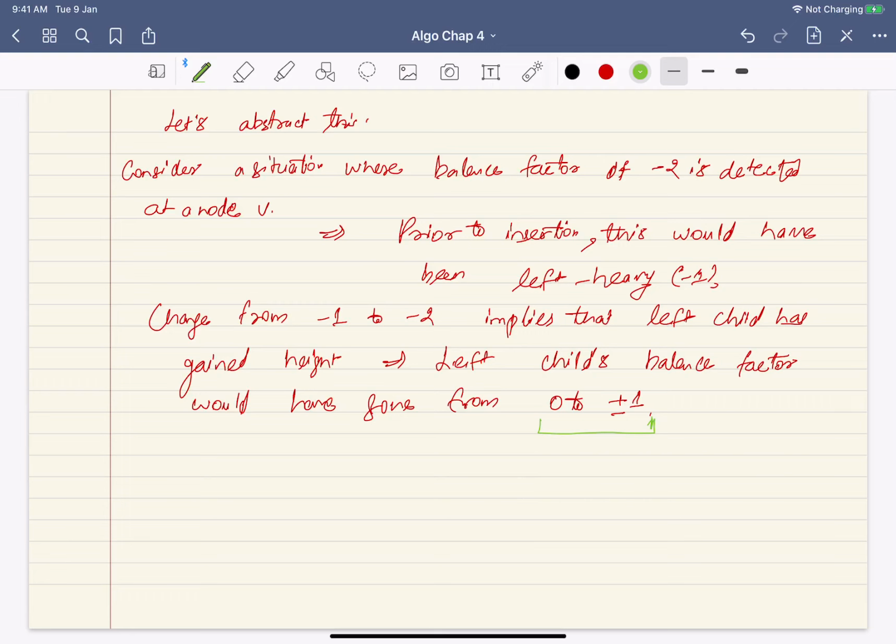So now what we should do, for that we can think about various cases. So let's take the cases.